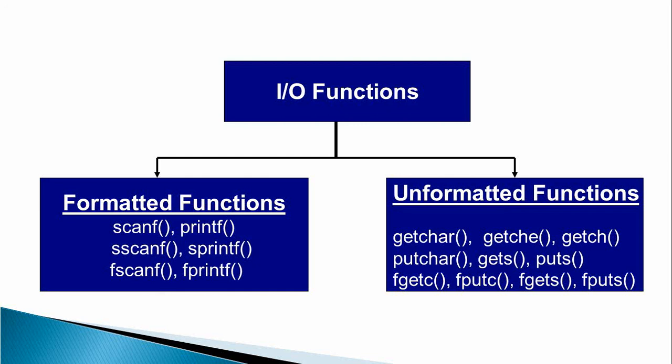And on the unformatted side, we have functions like getchar, getch, getche, putchar, gets, puts, fgetc, fputc, fgets, fputs. So later we will be working with all these functions, but for the time being my concentration will be only on 2 functions, namely scanf and printf.